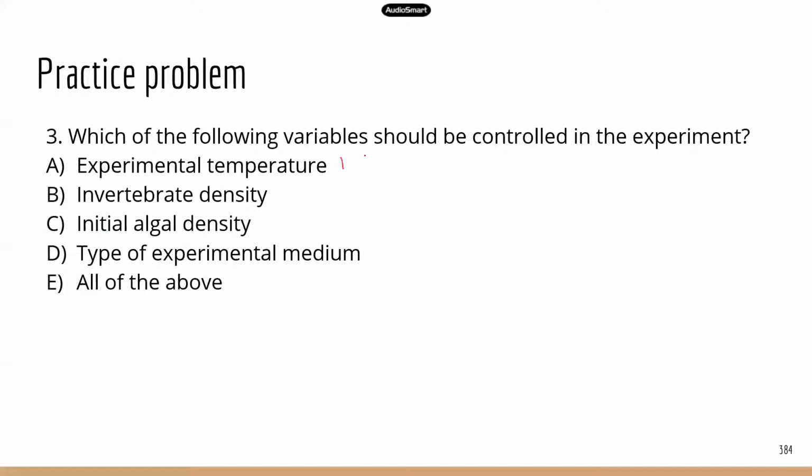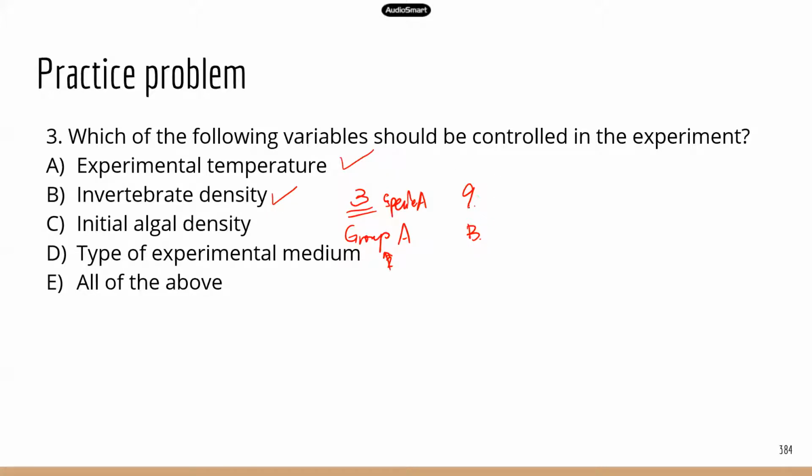Experimental temperature, of course, because temperature definitely affects algal growth. So you want to keep all the groups under the same temperature. Invertebrate density, that's a definite yes. That's because in group A, you put 3 individuals of species A. Okay?